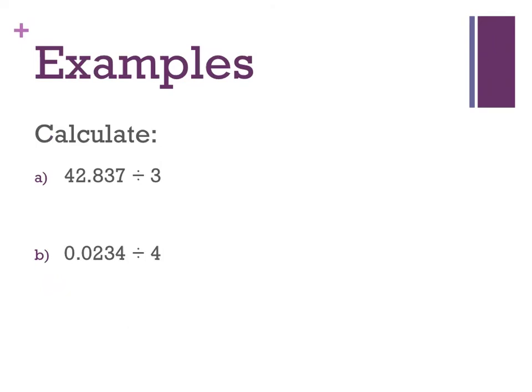So let's look at these two examples. Before we begin, I'm going to start using some language that I want you to be able to also use. When we call something a divisor, that is the number by which we're dividing. In this example for A, it is 3. For this example in B, it is 4.